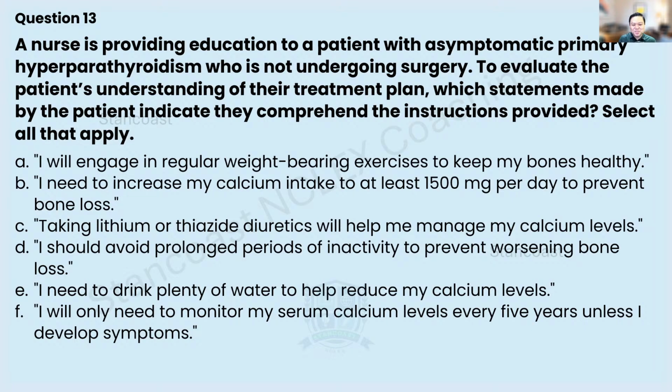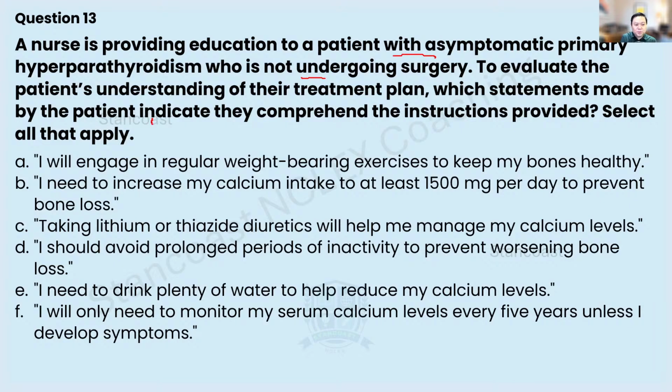Number 13, a nurse is providing education to a patient with asymptomatic primary hyperparathyroidism who is not undergoing surgery. To evaluate the patient's understanding of their treatment plan, which statements made by the patient indicate they comprehend the instructions provided? Select all that apply.